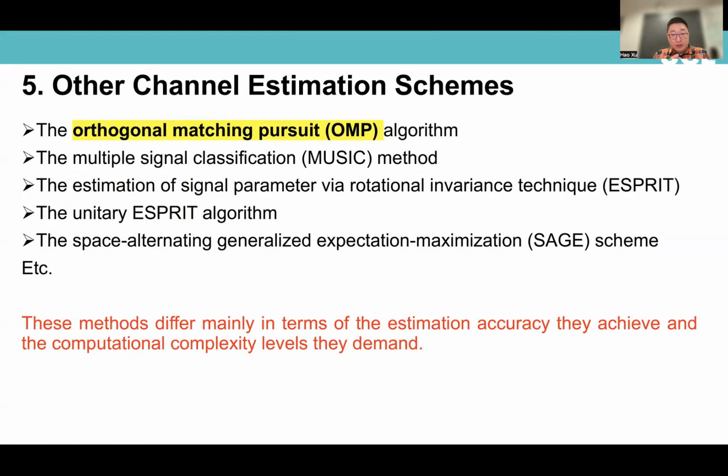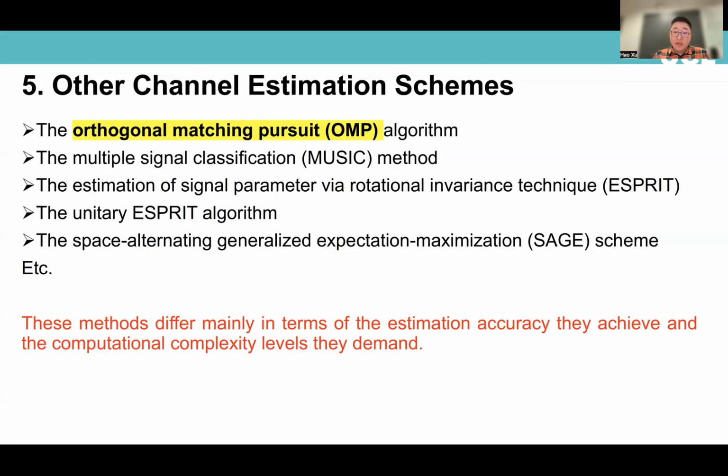So far we have shown that in a sparse scattering environment, the CSI of a fluid antenna assisted system can be estimated using some standard tools. Besides the proposed L3SCR scheme, we can also use some other schemes for the estimation, such as the orthogonal matching pursuit algorithm.